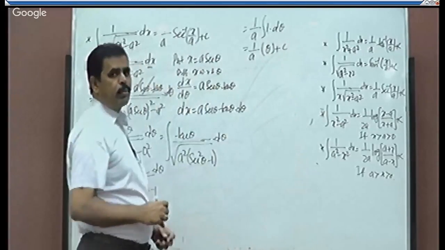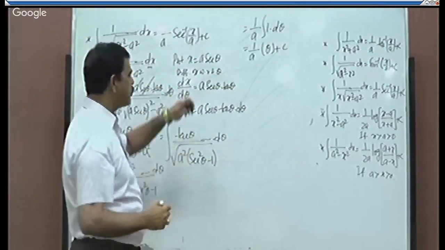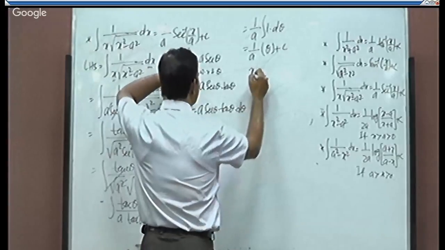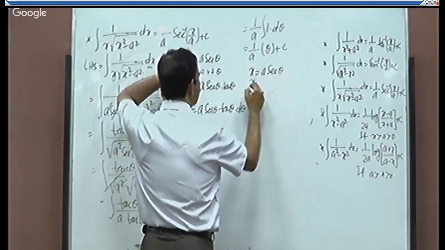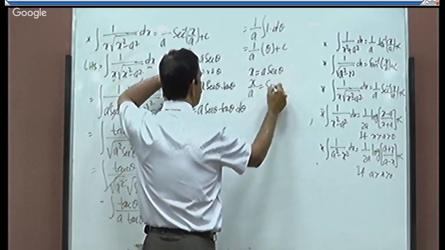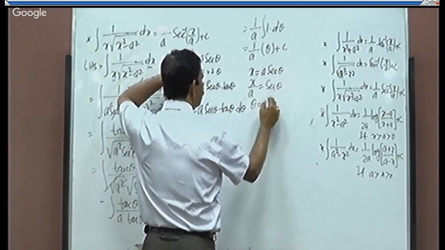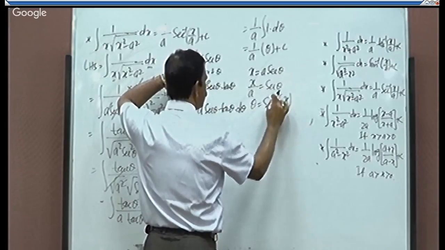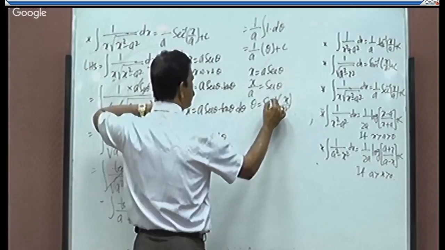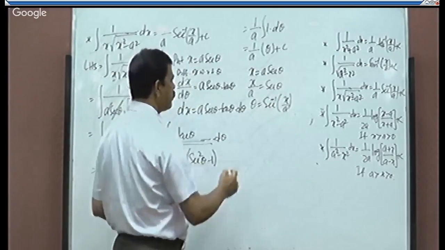Now we have to replace theta in terms of x. Then we should take this equation again. x is equal to a secant theta, or x by a is equal to secant theta, or theta is equal to secant inverse of x divided by a. Just replace it.